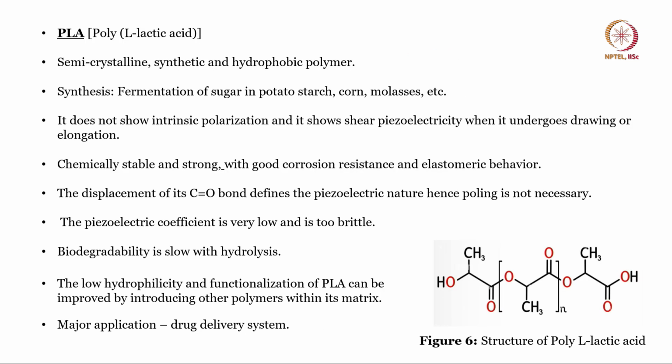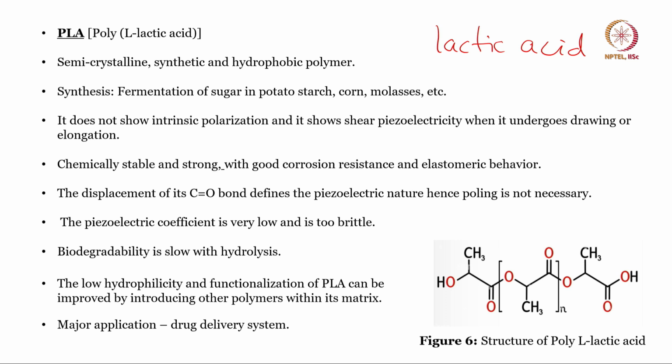So, next coming to the second polymer, that is PLA, polylactic acid. This polylactic acid is a homopolymer of lactic acid. The lactic acid units are linked to one another to form polylactic acid, and this material is again a semi-crystalline, synthetic material.